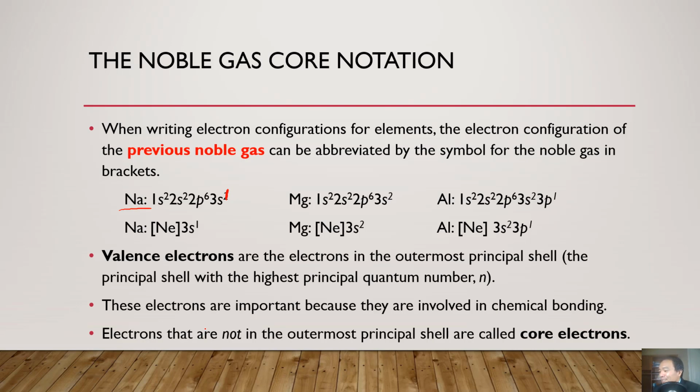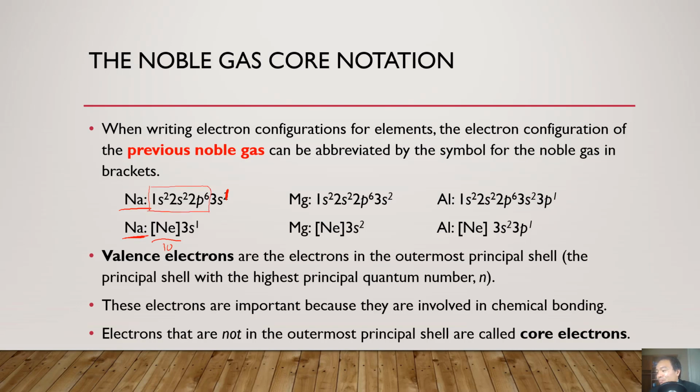When you write this, you do notice the previous row, look at your periodic table, because sodium is in the third row. In the previous row, on the right side, the last element is neon, the eighth group, which has 10 electrons. So you use the previous row's noble gas to represent a portion of the electrons.